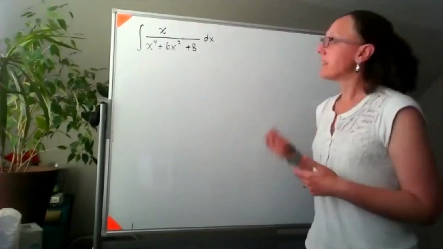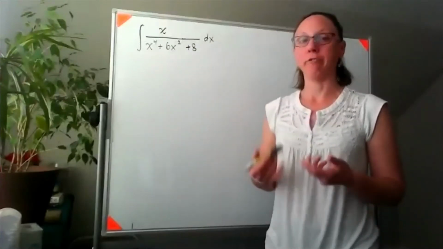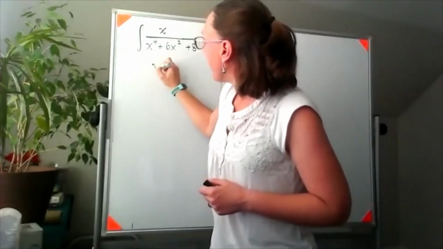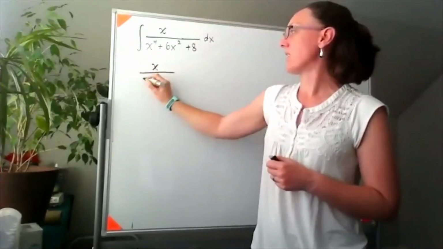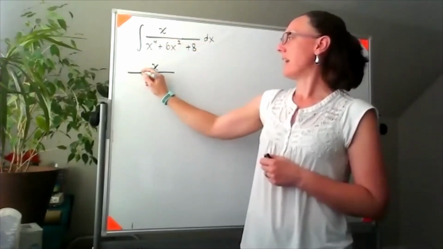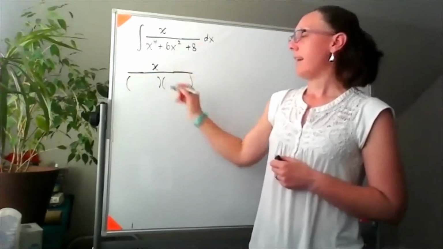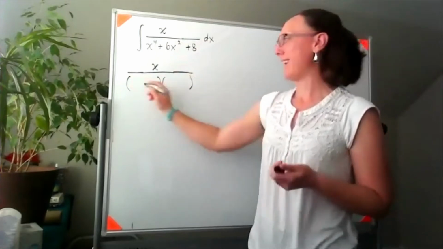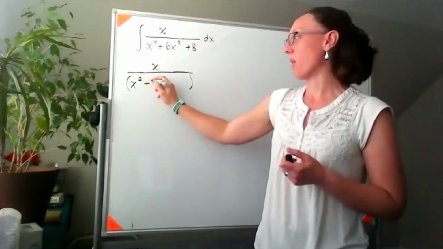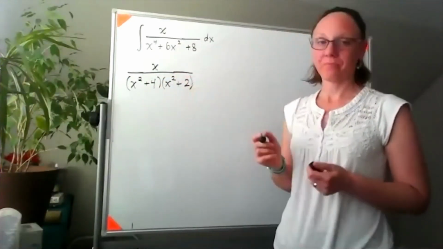Next, I'm going to say, hey, does the bottom factor? And it does, because this has quadratic form. I can take that x over x to the 4th plus 6x squared plus 8 and look at the bottom as almost the same thing we just had, but this time it's going to be x squared plus 4 times x squared plus 2.